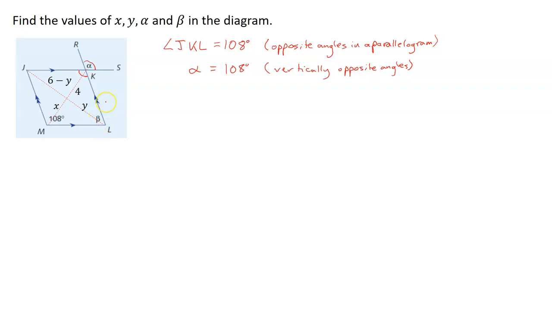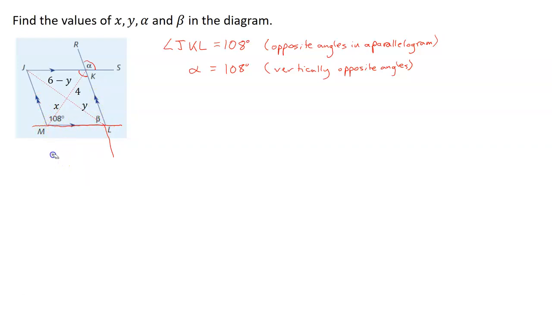Now, let's have a look at beta. These lines here are parallel because they're sides of a parallelogram, and this is like an intersecting transversal, if you remember your angles and parallel lines work. We know that this C shape, they're co-interior angles, and they are supplementary.